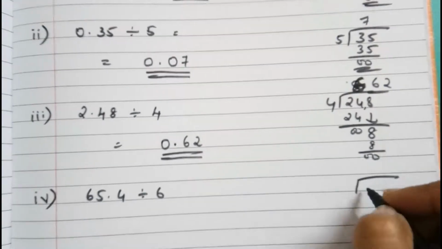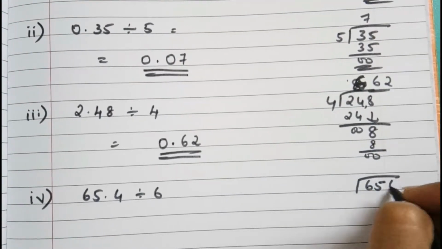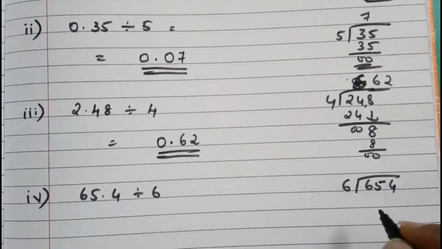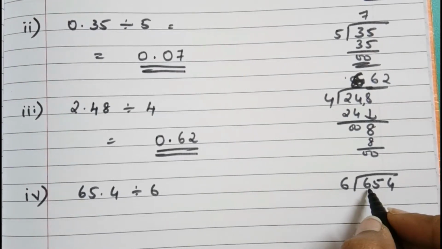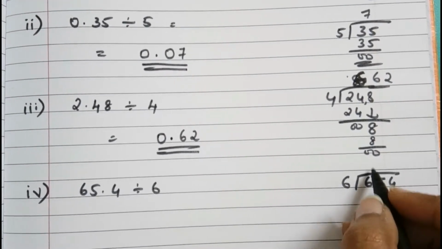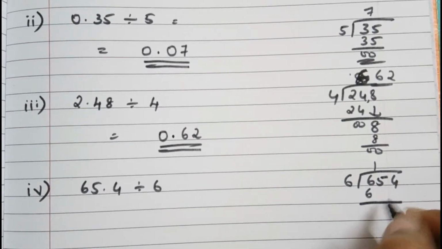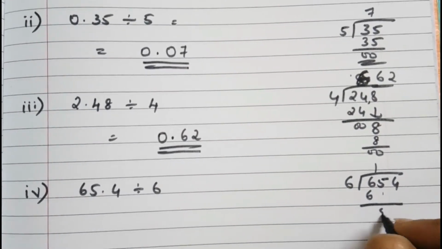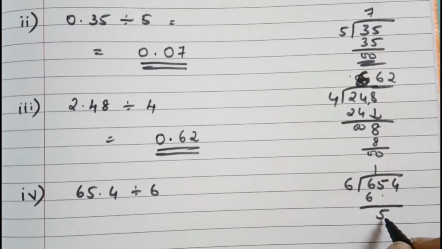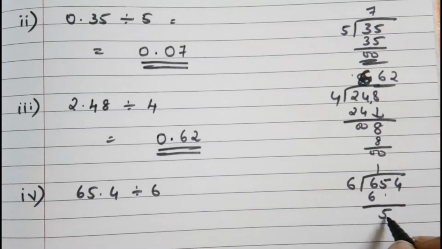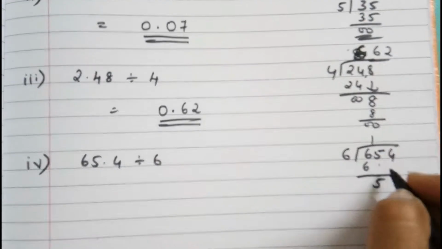Moving to the next sub-question, question number 4, that is 65.4 divided by 6. Now what is 654 divided by 6? Now 6 will go in 6 how many times? 1 time. 6, so the remainder will be 0. Now we'll bring down this 5. Now will 6 go in 5? No, because 5 is smaller than 6. So what do we do?